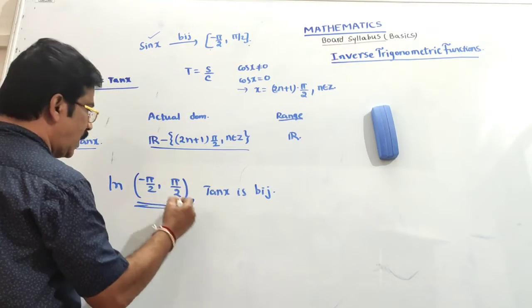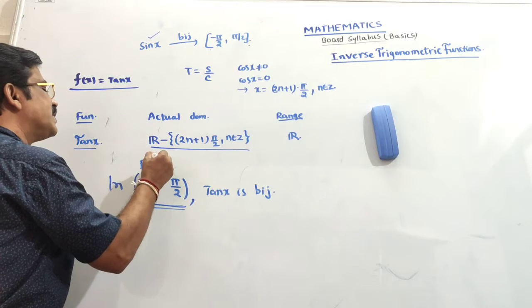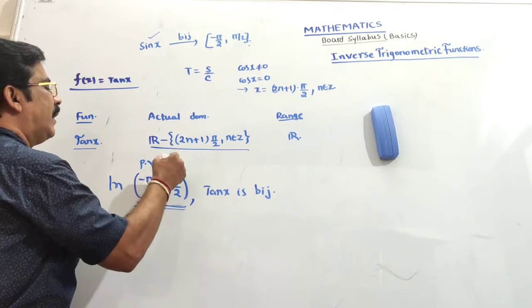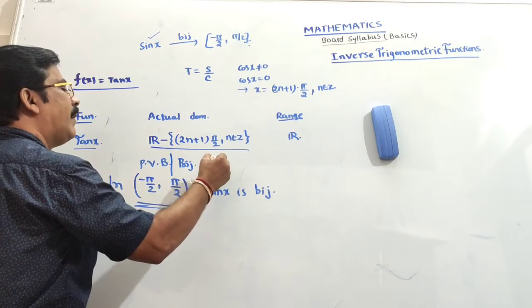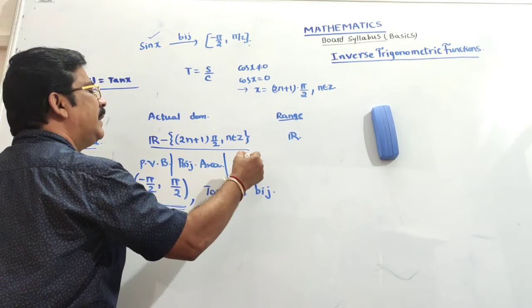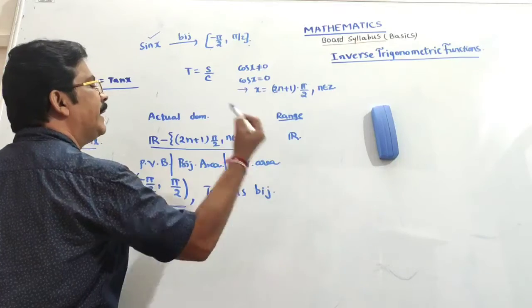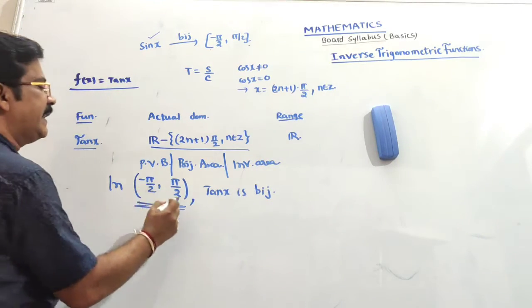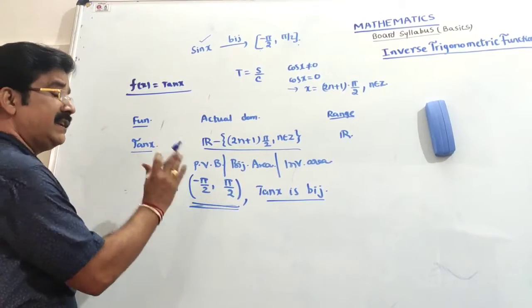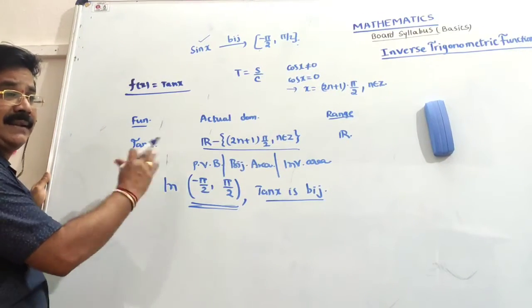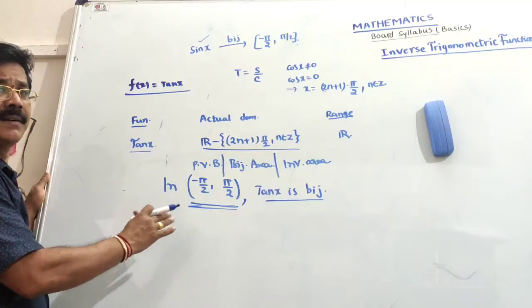Now in this area tan x is bijective. This area is called the principal value branch, or bijective area, or invertible area. In this area tan x is bijective. Of course, infinitely many such areas are there, like that for sin x and cos x.